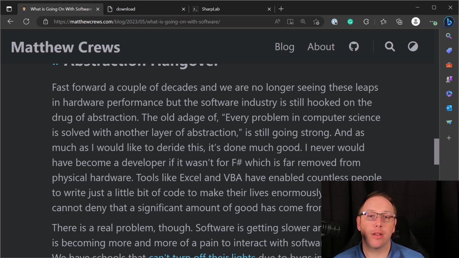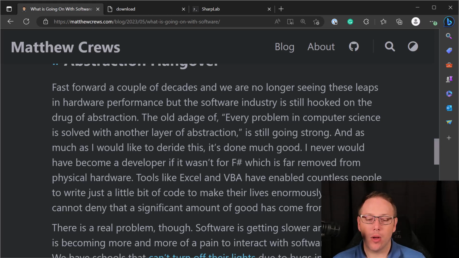Many people's lives have been made far better due to Excel having VBA as a scripting language behind the scenes that they can automate components of their work, making their lives dramatically better. And we love to rag on Excel and VBA at times as developers, but we cannot deny the tremendous good that has come from it. So in this case, abstraction has yielded a lot of good as well.